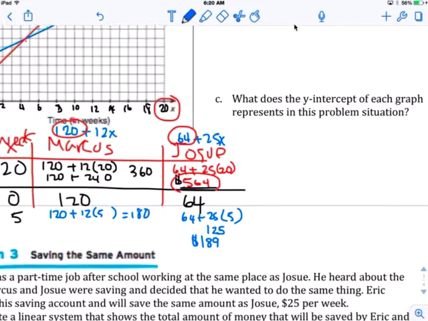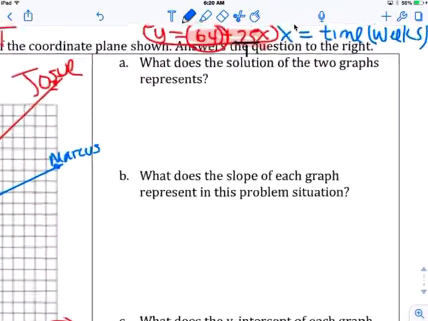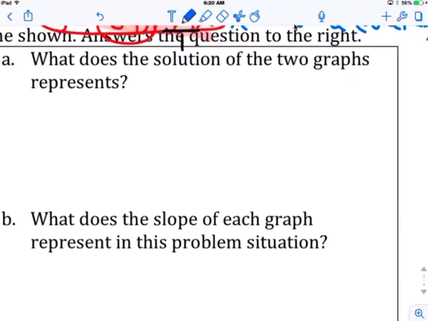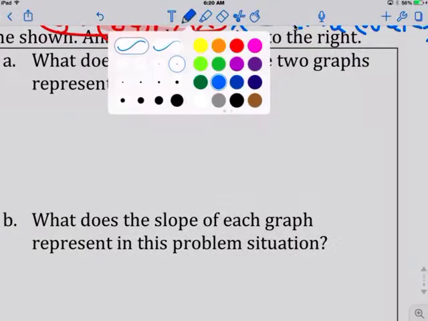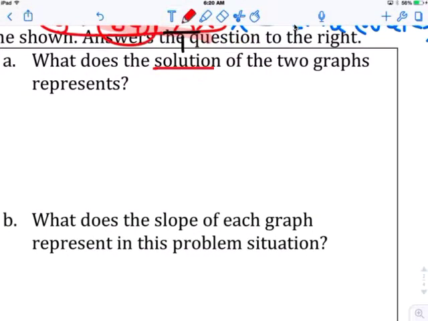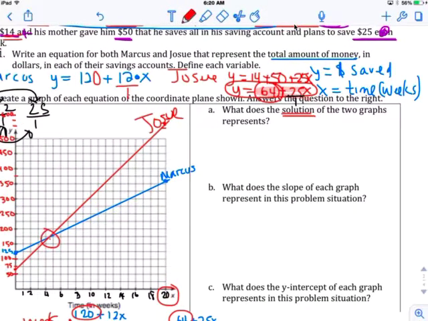Okay, so it's about 5. This is 180, this is 189. Oh, gosh. It doesn't look like we need to do that because it didn't ask for the exact intersection, the coordinates. We just asked, what does the solution of the 2 graphs represent?